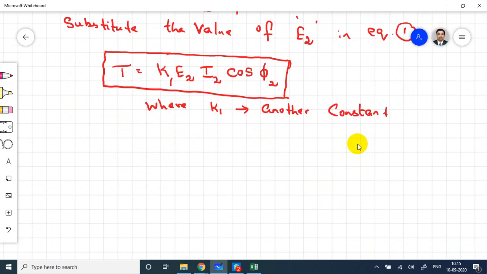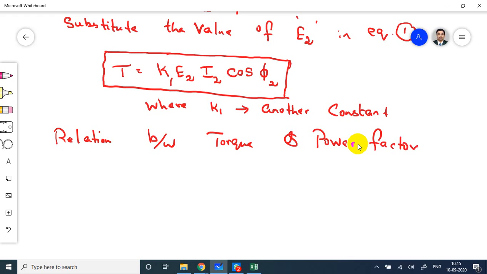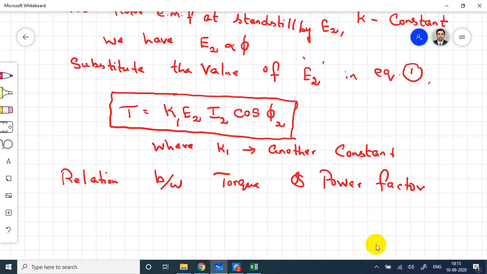This equation is called the relation between torque and power factor. This is one 3-mark question in your examination.